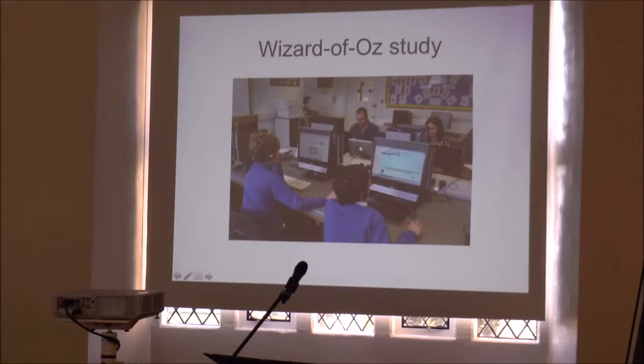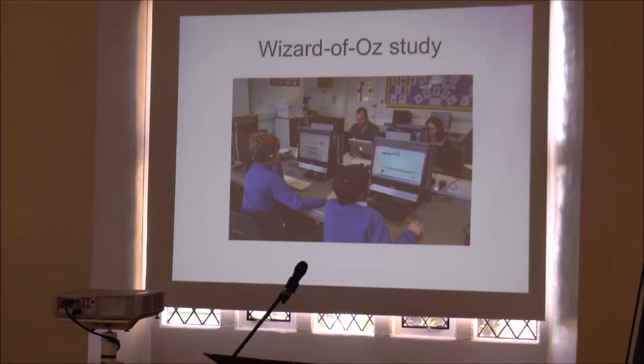So what we do here is as the students are working, there's someone behind who they can't necessarily see, or maybe in other cases it would be completely hidden, that's able to observe the student interaction and provide feedback as they're working with the system.